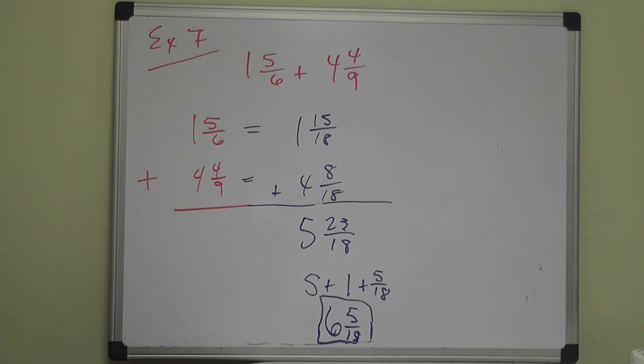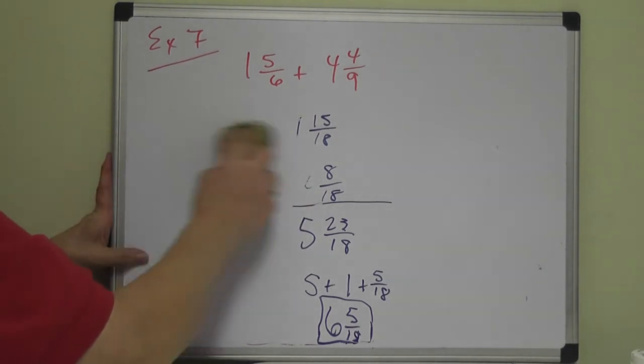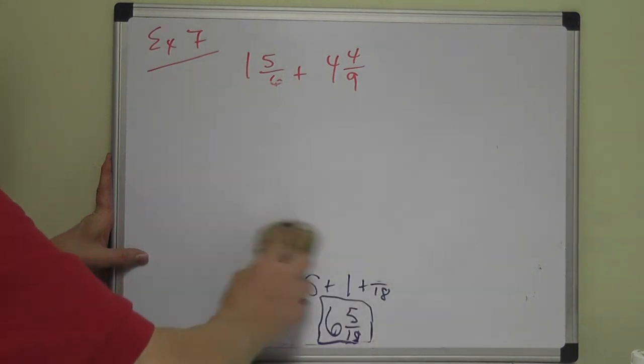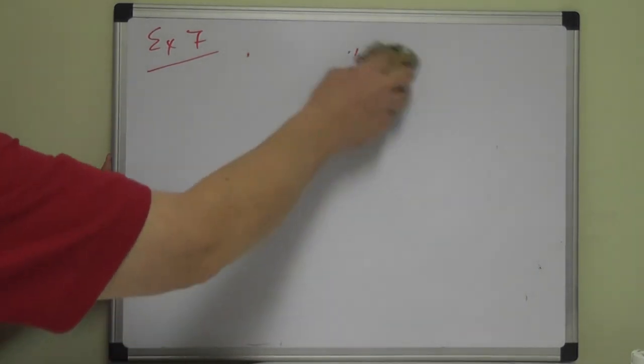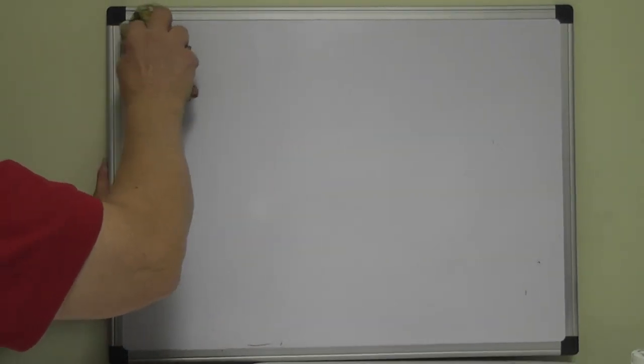And then make sure that you also are remembering how to subtract mixed numbers. And you've got a little bit more going on when you subtract mixed numbers because you frequently are going to have to borrow. So we're going to look at example 8 here.